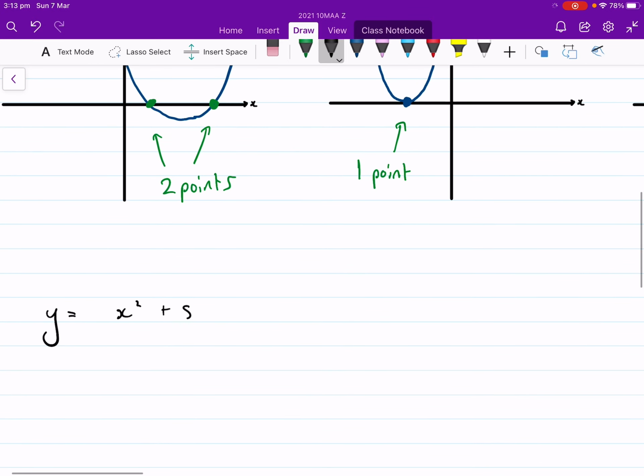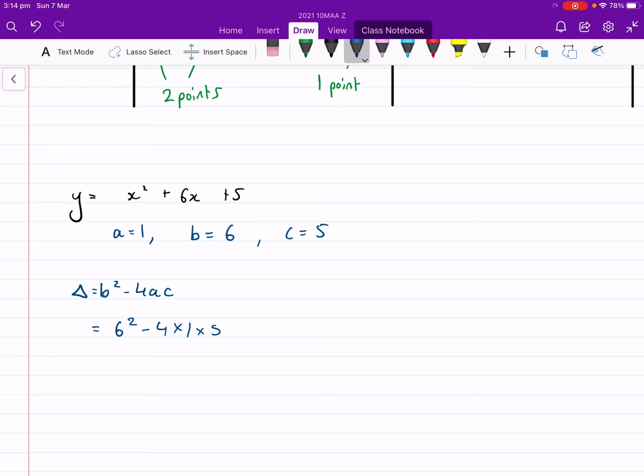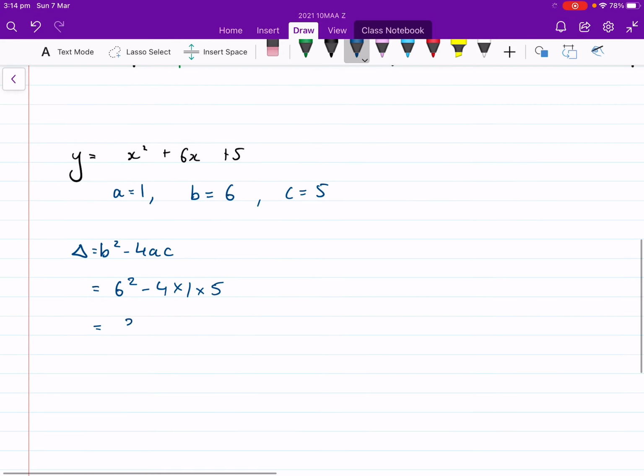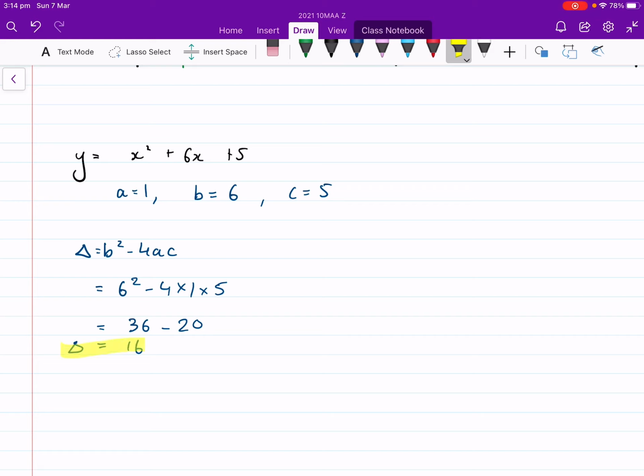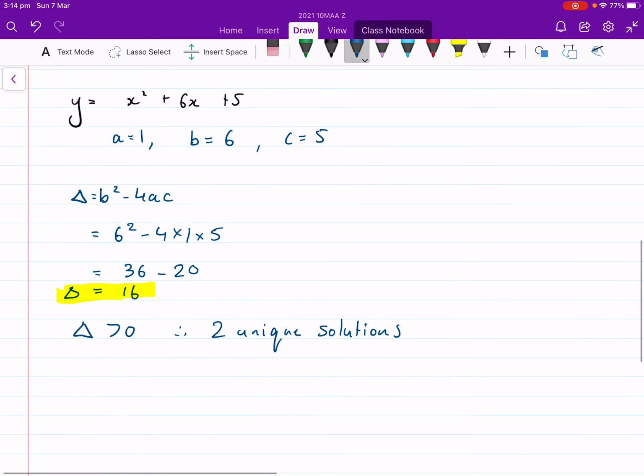Subbing in those values, I get 6 squared minus 4 times 1 times 5. So this would be 36 minus 20, which equals positive 16. Now, at this point I would say the discriminant is greater than 0, so therefore there will be two unique solutions, which means that I'll have two unique x-intercepts.